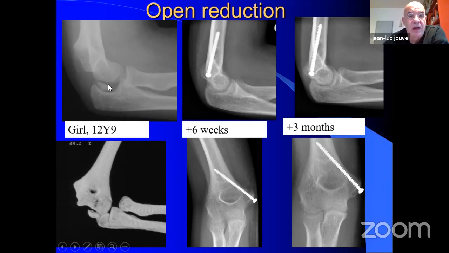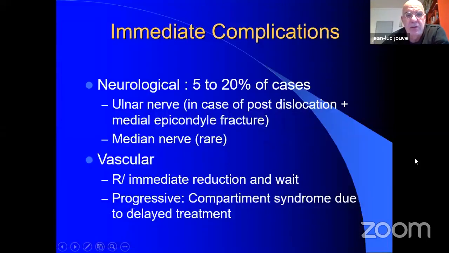And you have to do surgery even if the dislocation is reduced, and you have to search for the medial epicondyle and fix this medial epicondyle on the distal humerus at its normal place.